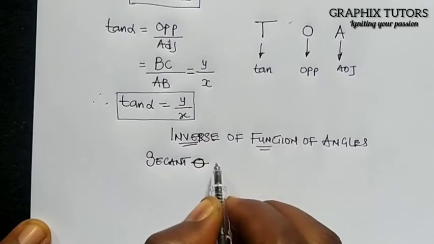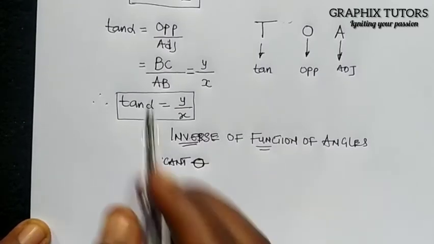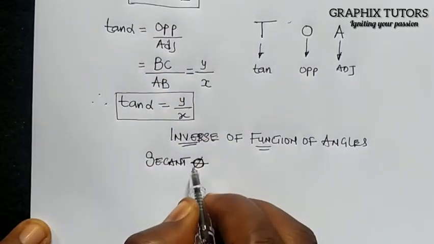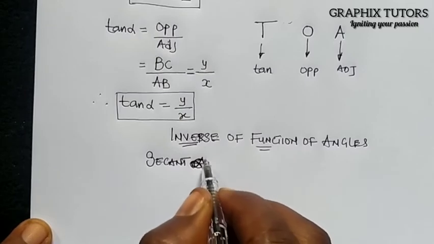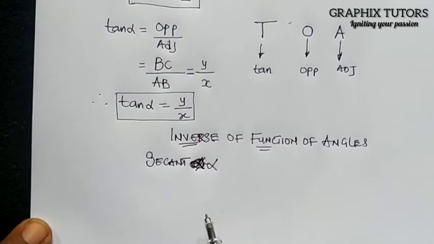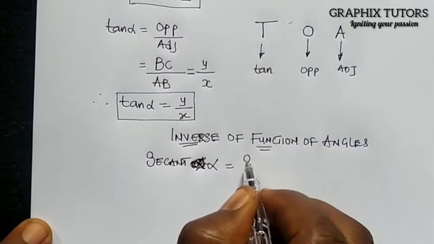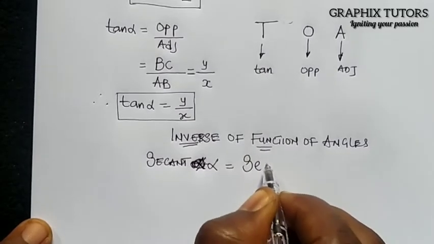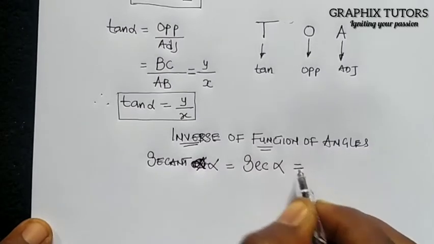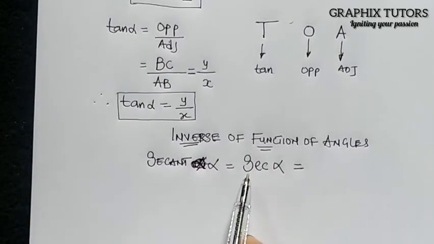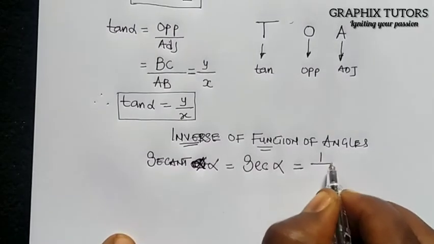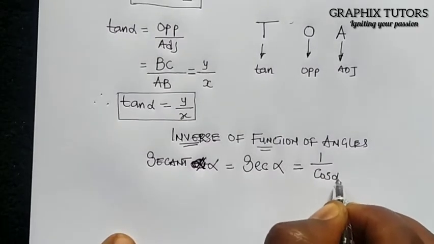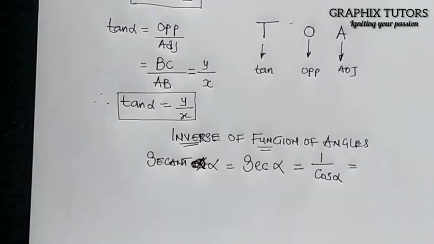Since we are considering alpha in our triangle, let's use alpha. Secant alpha, the same thing as saying sec alpha. We say it is the inverse of, you count 1, 2, 3, and it's the inverse of what? Of course, because the third value is C, so we'll be having 1 over what? Cos alpha, right?